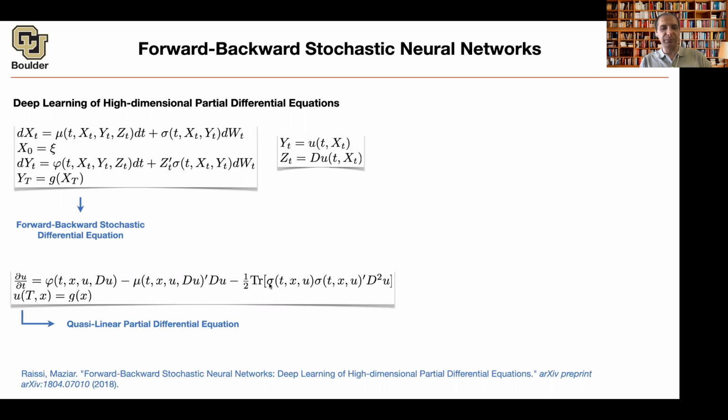Sigma is showing up here. And there is phi. Phi is appearing here. And there is G, the final condition, or the terminal condition. It's showing up here. And you have some initial condition for your forward dynamics. So X is forward, Y is backward. So far, so good.